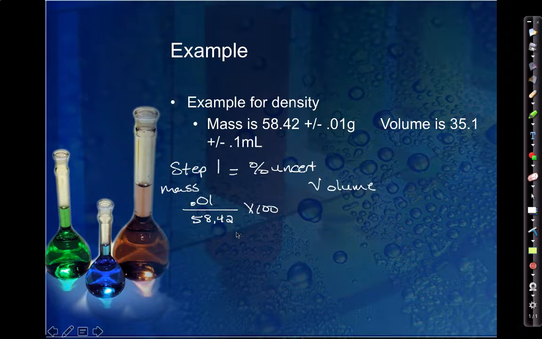For this one, I get 0.01711, and I'm going to leave all these numbers here because I'm not going to round anything until I get to the very, very end. And then the volume is going to be 0.1 milliliters divided by 35.1 times 100. So our volume here is going to be 0.2849.